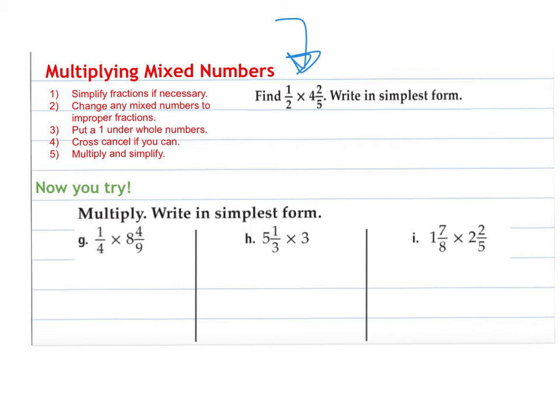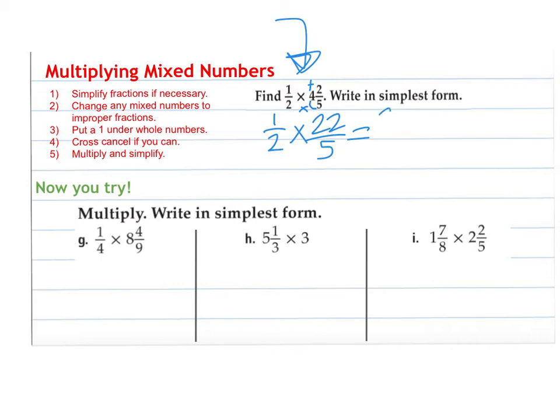So first I need to rewrite it as an improper fraction. So 1/2 gets to stay the same as 1/2. Then I'm going to change 4 2/5 to an improper fraction. So 5 times 4 is 20 plus 2. So I have 22/5.